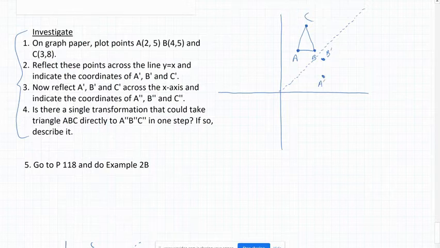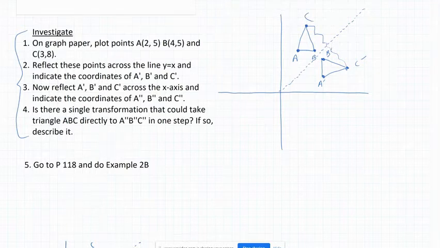And point C prime, let's see, that's 2.5 steps away. And so if we go half, 1, 2 steps away, there is point C prime. And so reflecting across the line y equals x gives us those coordinates.